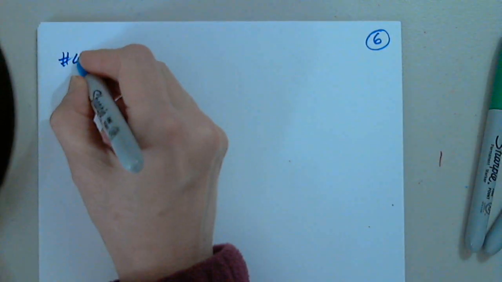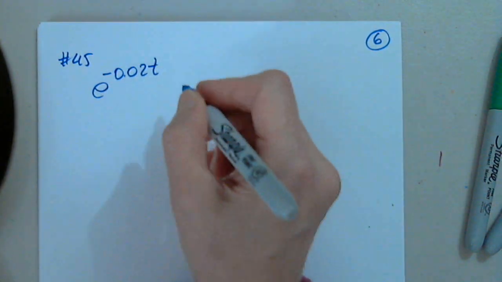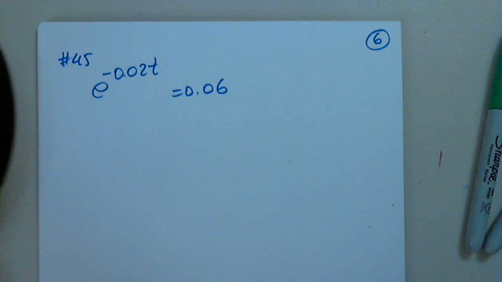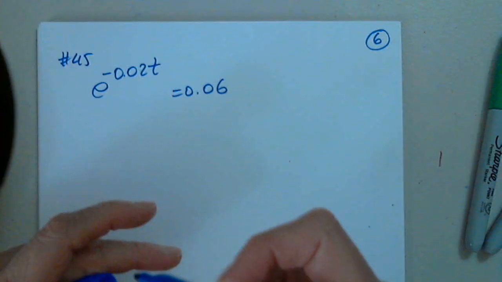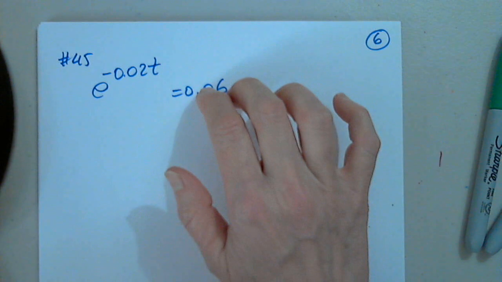So in 45, we have e raised to negative 0.02t equals 0.06. Awesome. Good. So this is e to a power, and this is a number.